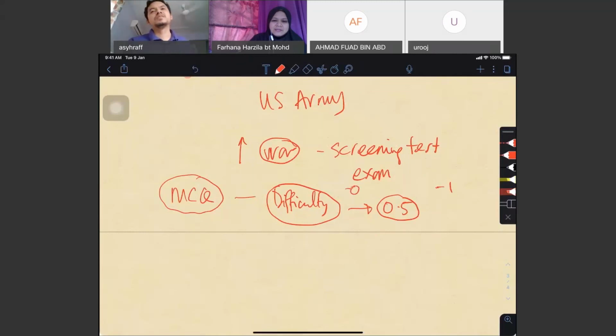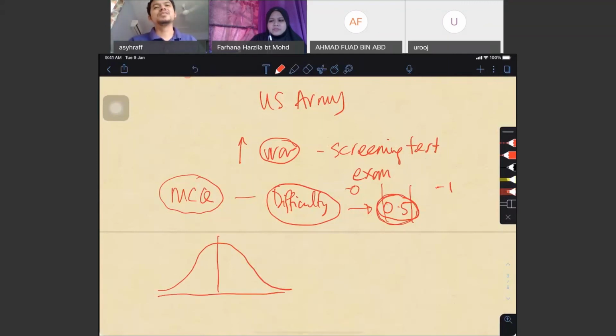It's in the middle. Because if in the exam all or almost all of the items have difficulty near halfway, 0.5, in the result they will get a nice distribution, a nice curve, so that they can pick the good ones.